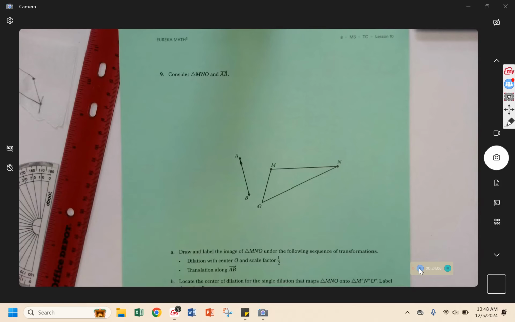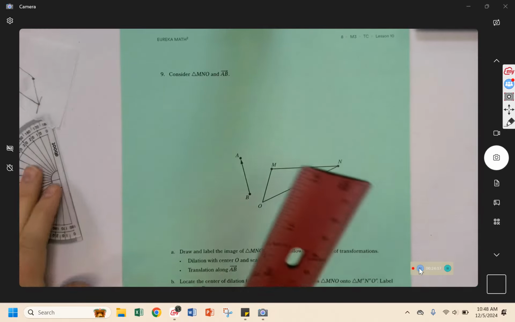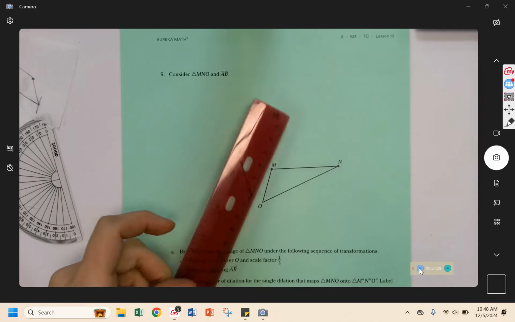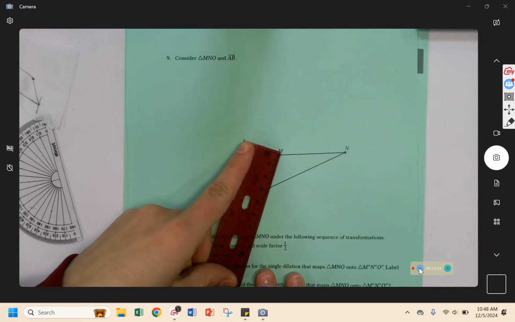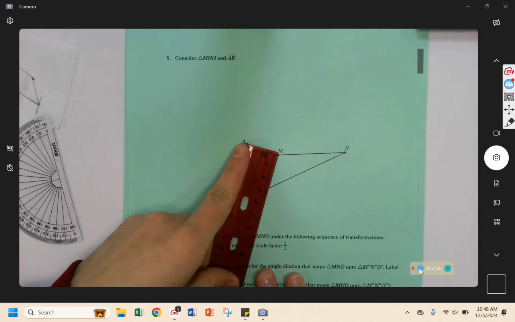Number 9. Draw and label M and O under the following sequence. Dilate by a scale factor of 1/2 from center O, and then translate along AB. So if we're dilating from O, it's already got lines connecting M and N to O. So this appears to be about 2.6.